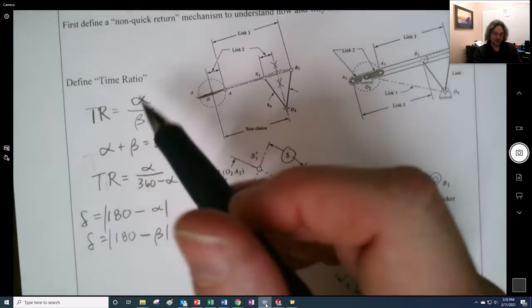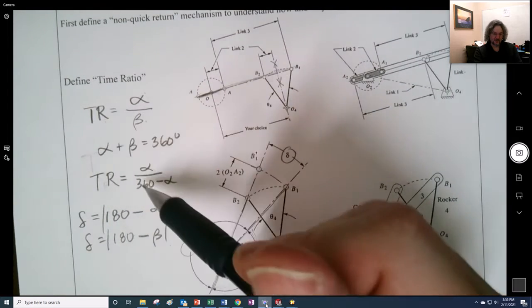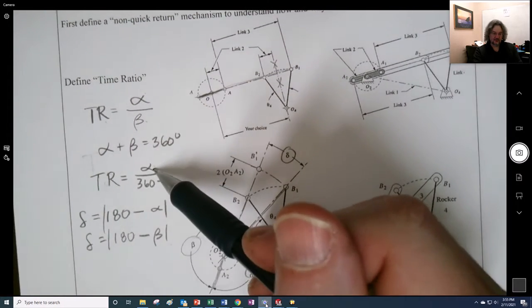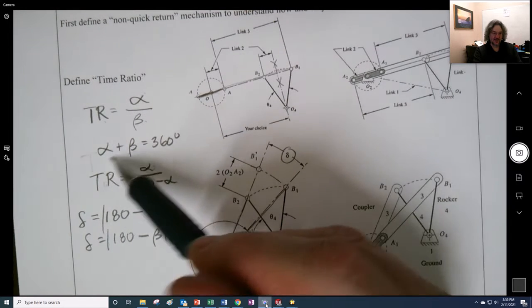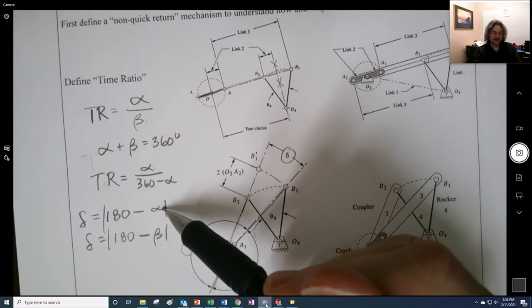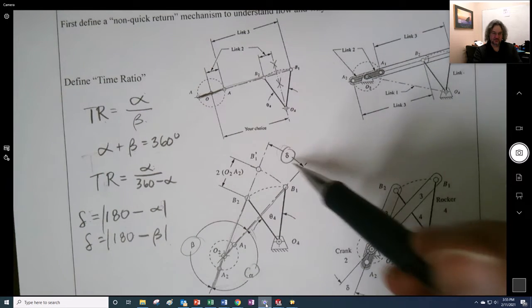So if we have a particular time ratio, we could solve for alpha, and then find beta from that, and then we take either the alpha or the beta, and we can find what this angle is between there.